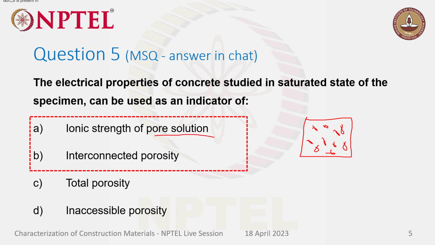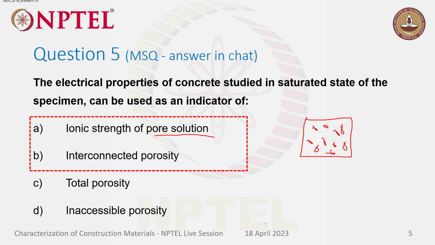We can currently extract that pore solution from concrete samples with high pressure, like 400 or around 800 MPa. If you apply it, we'll be able to extract the pore solution above 400, I guess. I'm not so sure about the values of how much you have to compress the cement paste. From that, we'll be able to extract the solution.